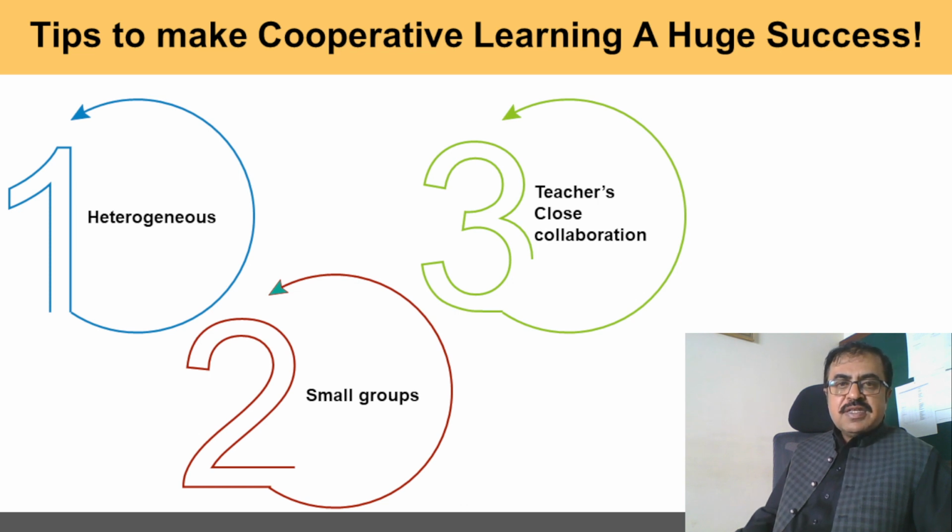The third tip is teachers' close collaboration with the students or with the group members as individual members, not with the team only. With each individual, the teacher needs to collaborate so that his or her voice is heard and achievements are valued. If all these tips are followed in true letter and spirit, definitely we will be able to achieve great success in the cooperative learning environment.